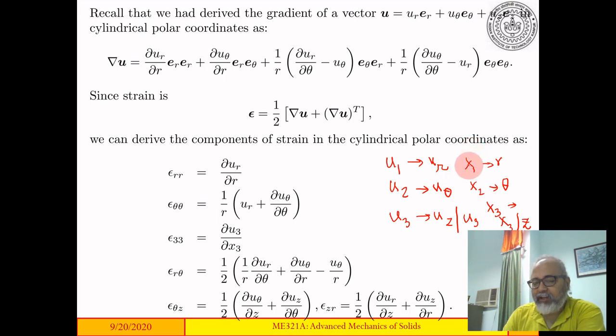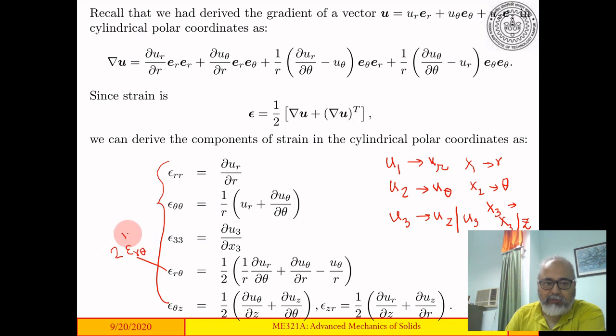As we know, x1 and x2 are different from the Cartesian system, x3 remains the same. So in the cylindrical polar coordinate system, these turn out to be the 6 components. Again, if you use 2 epsilon r theta, we will call it gamma r theta, and that would be our engineering shear strain in the cylindrical polar coordinate system.